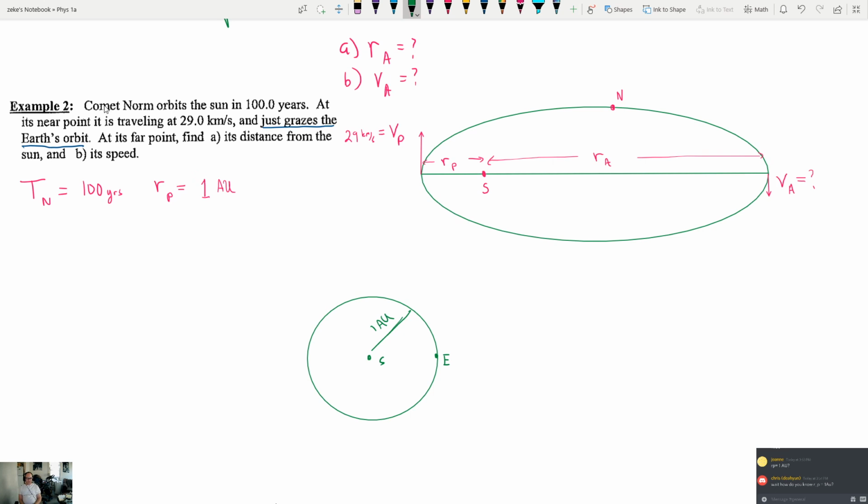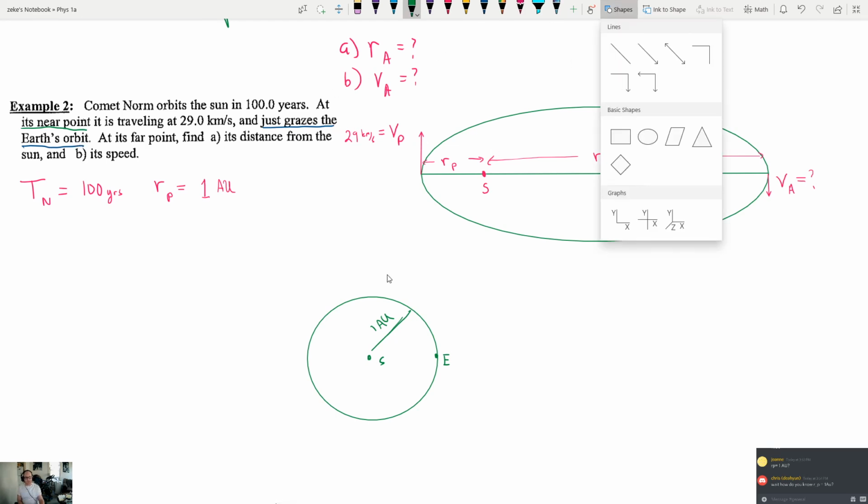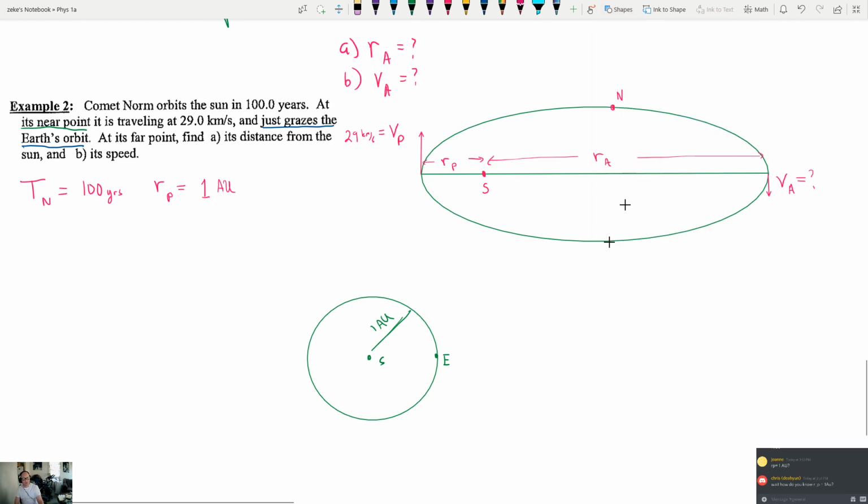It says that Comet Norm orbits the Sun in 100 years. At its near point, it is traveling at 29 kilometers per second, and at its near point, it just grazes the Earth's orbit. So what that means is if we take the orbit for our comet, in fact, I guess I could just copy it.